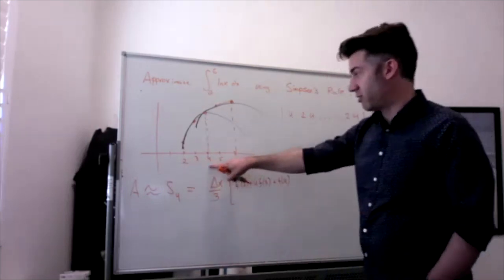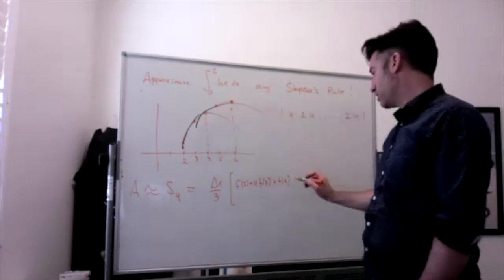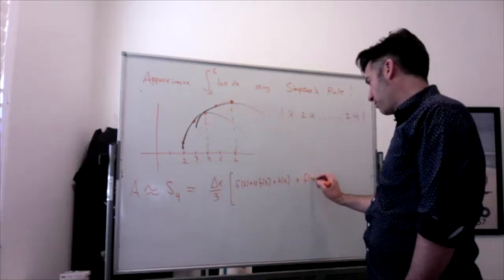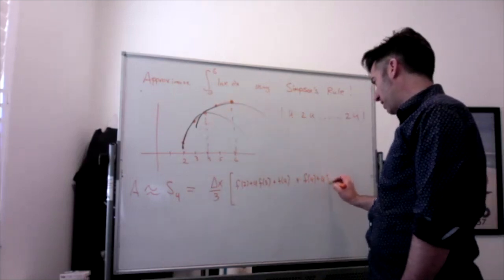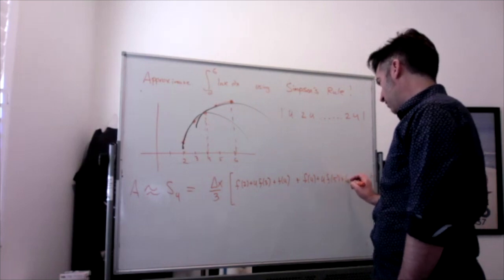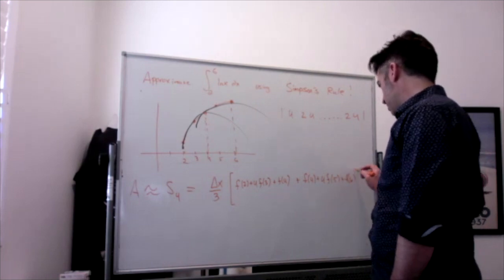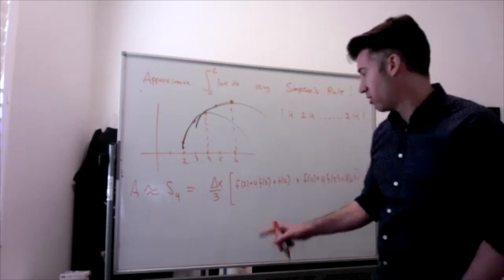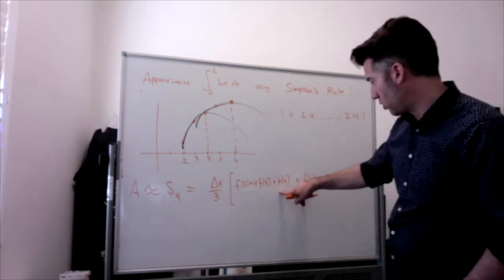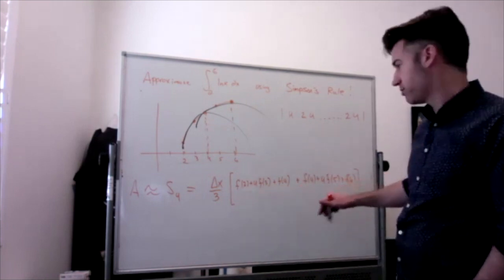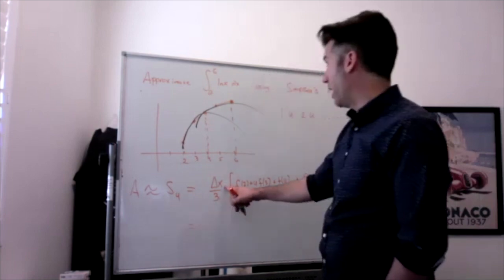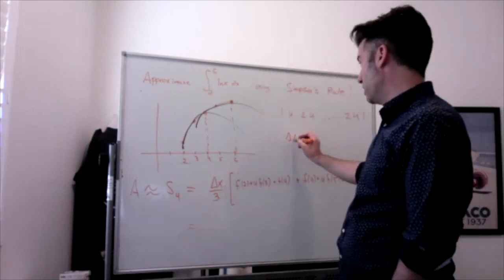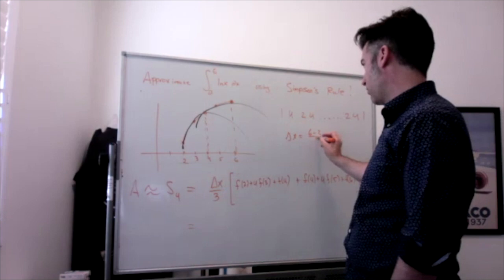And then the area under this parabola is going to be f of 4 plus 4 times f of 5 plus f of 6, which then becomes the pattern 1, 4, 2, 4, 1. So we end up getting delta x, and delta x is still 1 here, right? It's still 6 minus 2 over 4.